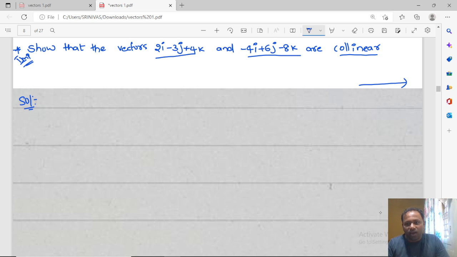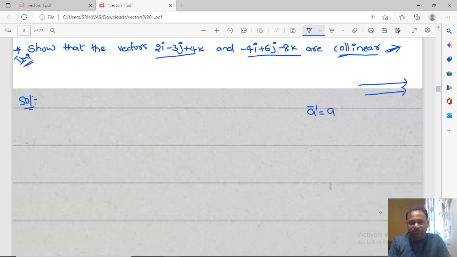Okay, collinear lies on the same line, right? So two vectors which lie on the same line or parallel lines are called collinear vectors, because I told the definition of collinear vectors. Okay? So I will write two properties.